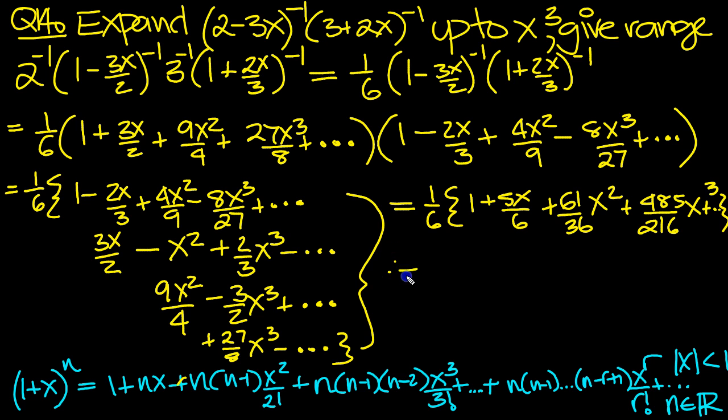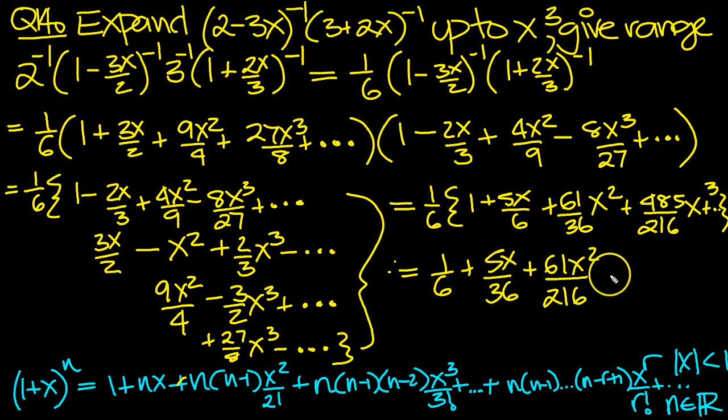So just do it by a 6. We've got a sixth of that. 5x over 36, and then we've got 61x squared over 6 times that, which is 216. Okay, and then we've got 485 x cubed, which divides by 3 actually, doesn't it?